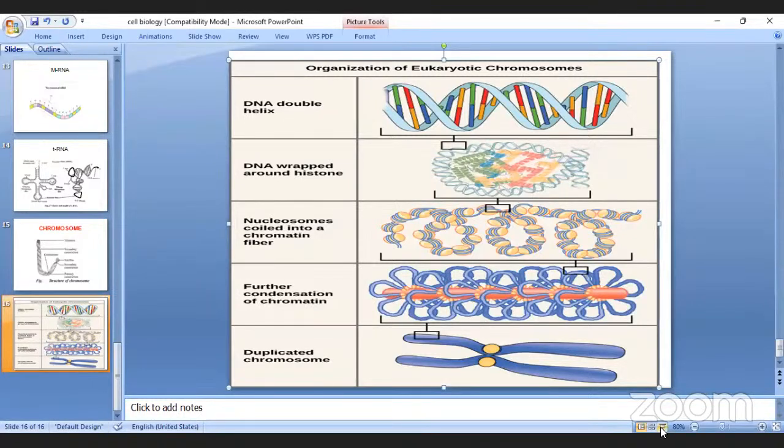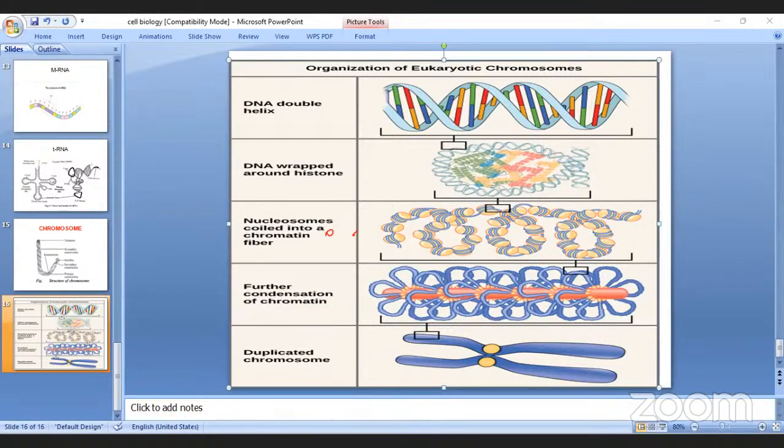Just carry on with the explanation, sir. That's it. This way. The red color. Are you able to see the red color? Yes, sir.